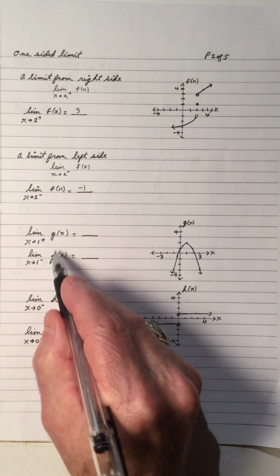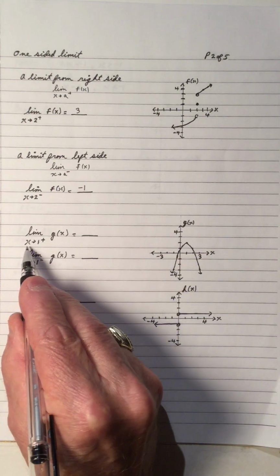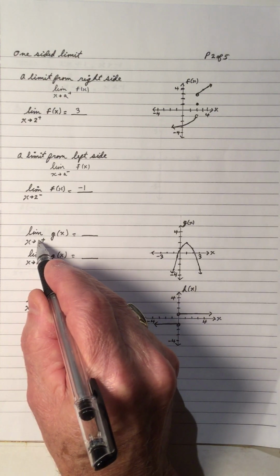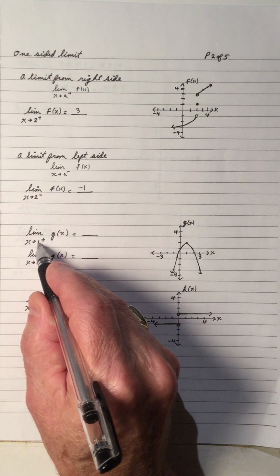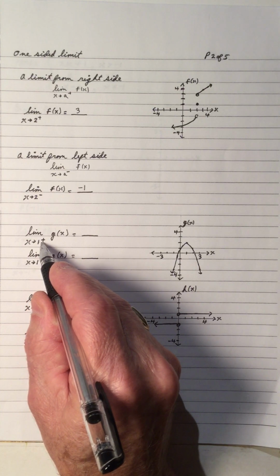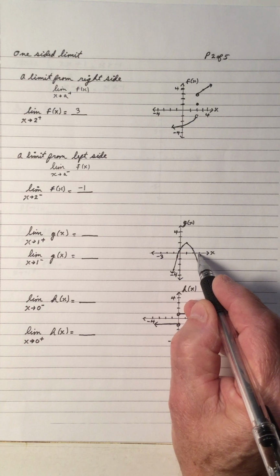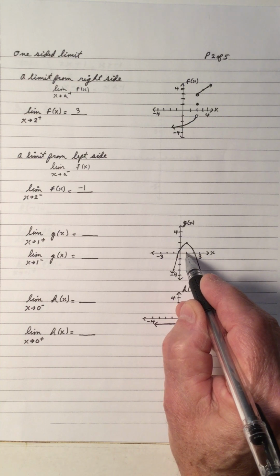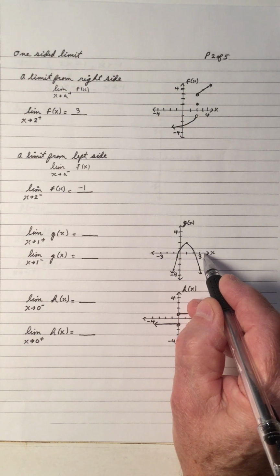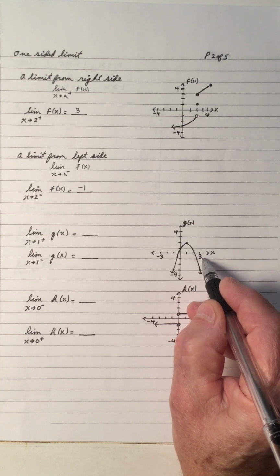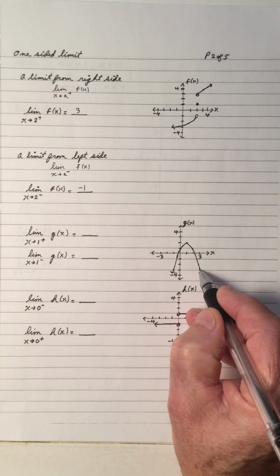Let's look at g of x. This is the g of x, and we're approaching x equals 1 on the plus side. That's the right side. So here's x on the right side, approaching 1. There's 1 right there. So as we come in, approaching 1 on the right side, the y value at 3 is right here.